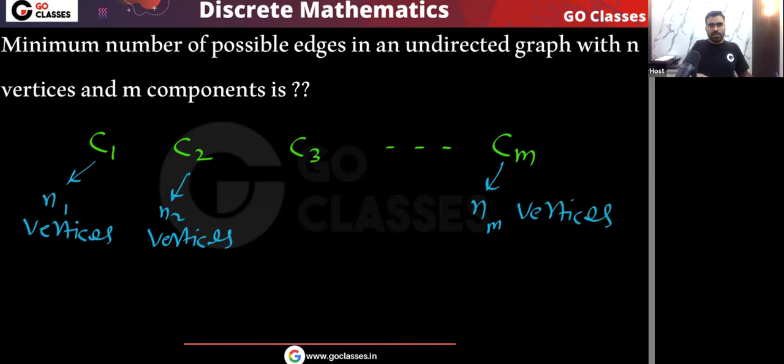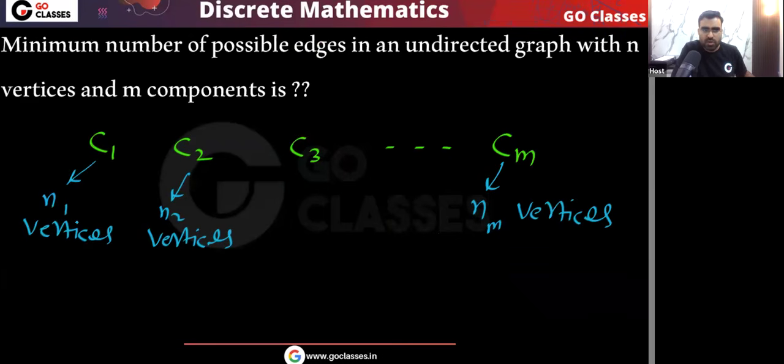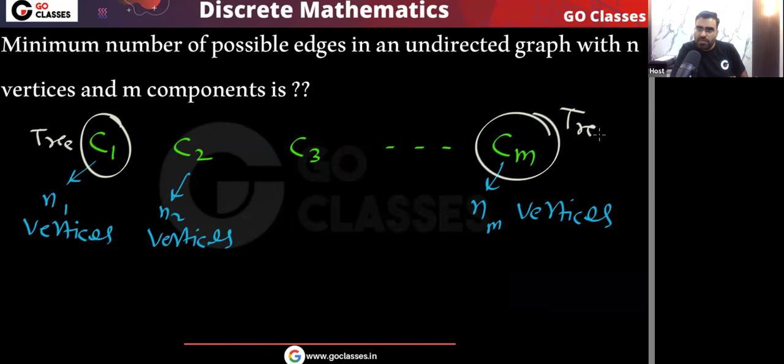If I want the minimum number of possible edges, then I will make every component a tree.